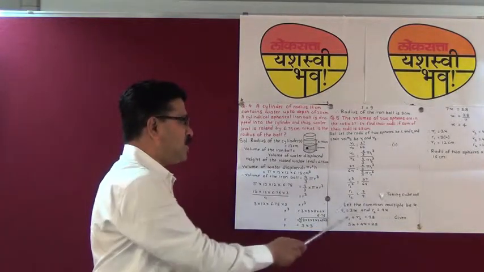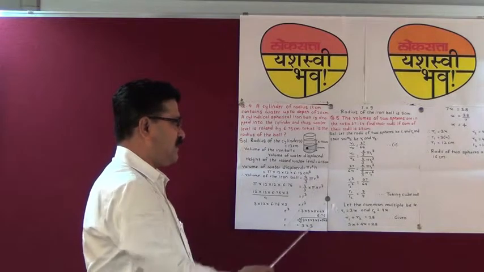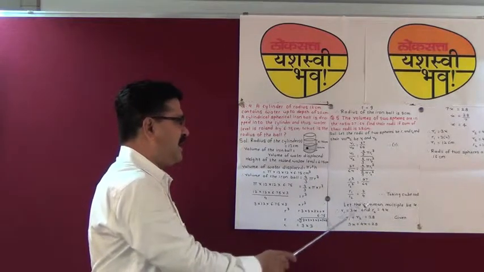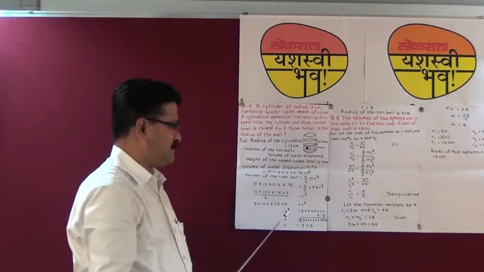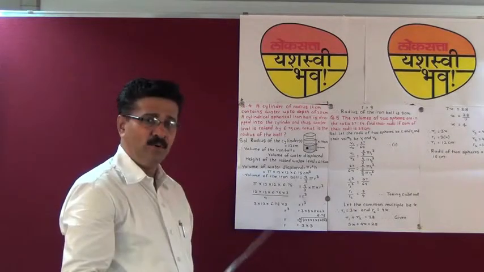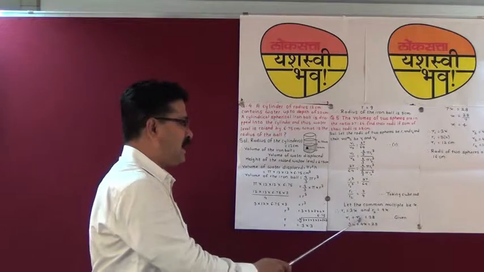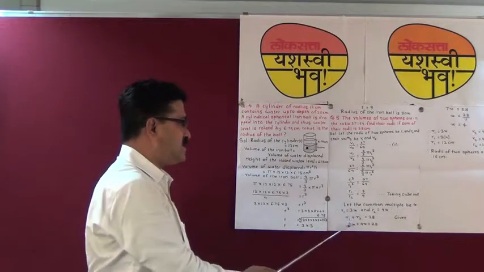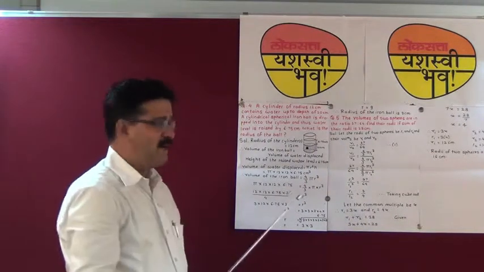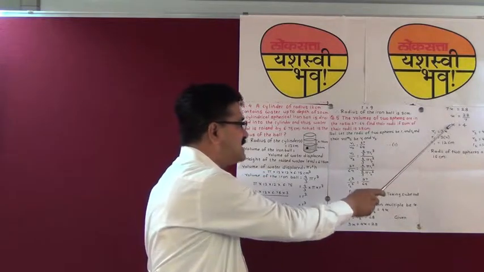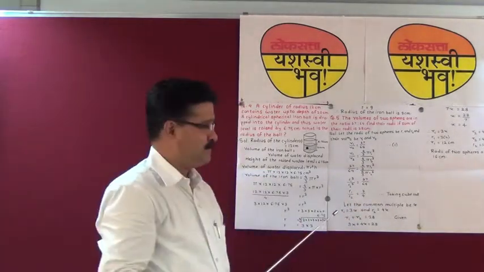Let the common multiple be x. So therefore r1 equal to 3x and r2 equal to 4x. But it is given that sum of the two radii is 28. So r1 plus r2 equal to 28. That gives 3x plus 4x equal to 28, and therefore x equal to 4.